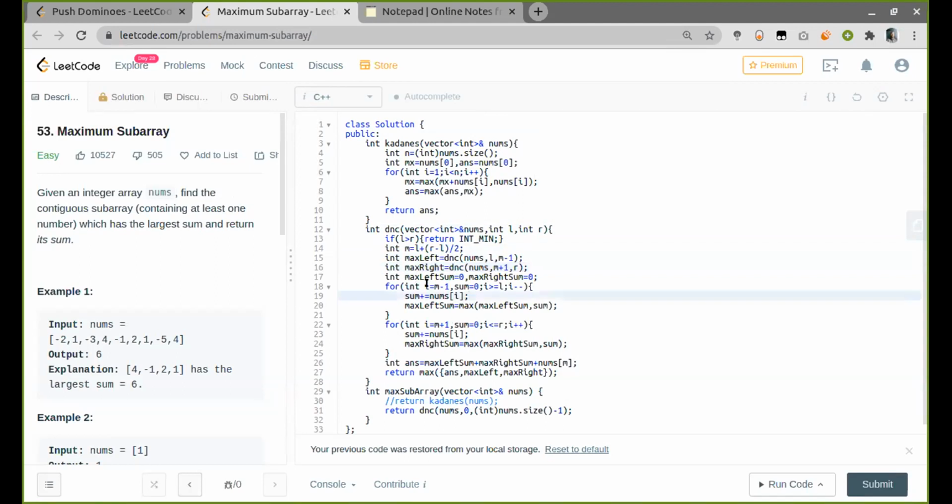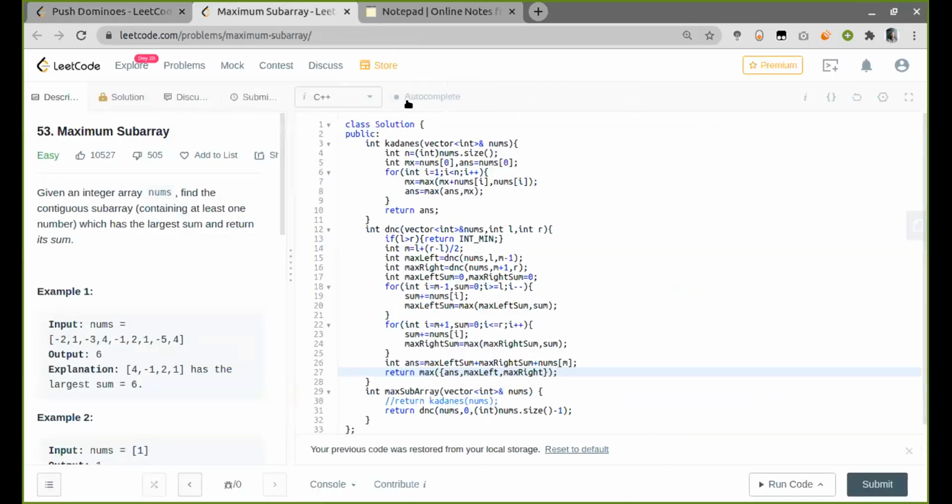And then in the left side and in the right side, we need to calculate the max prefix and max suffix part. Not Kadane's algorithm, just the max prefix and max suffix part, and we will be including the middle element. And at last, we just need to return the max of all the 3 sums which we calculated.